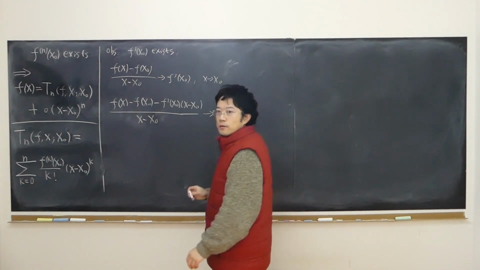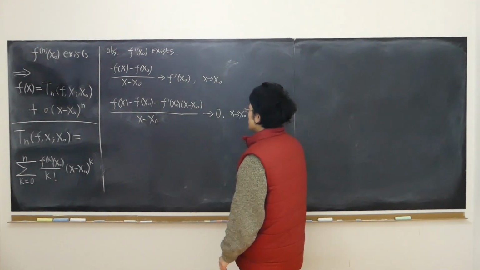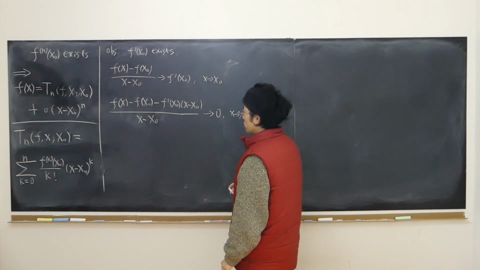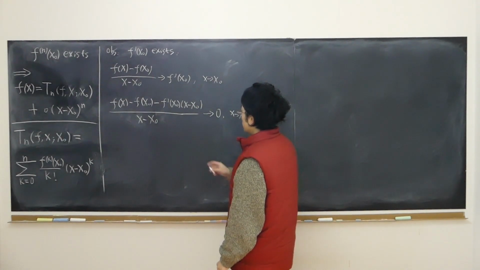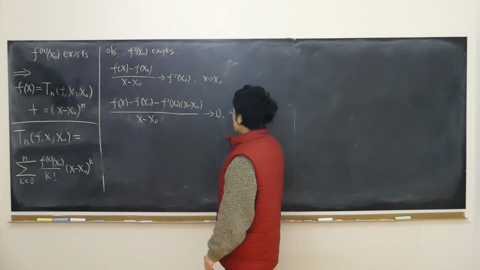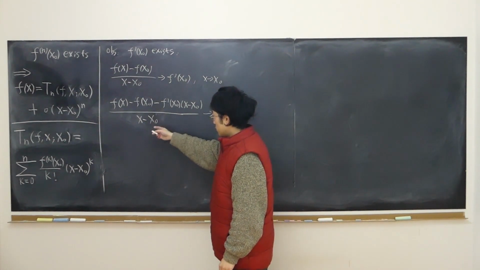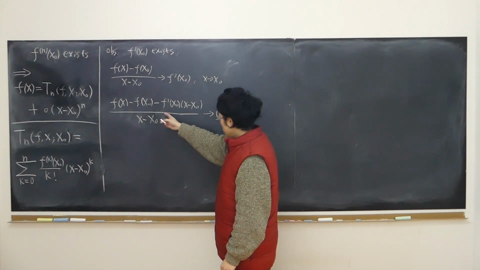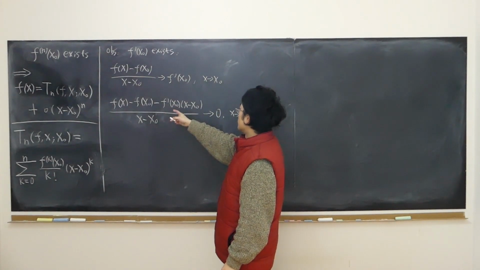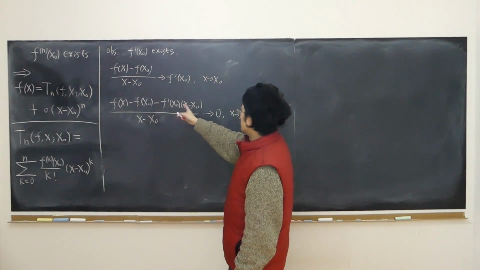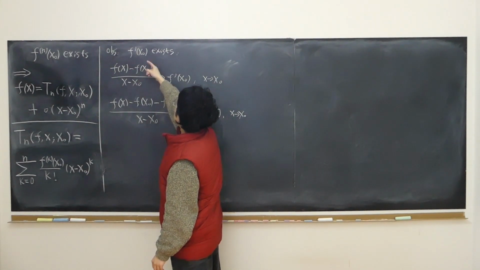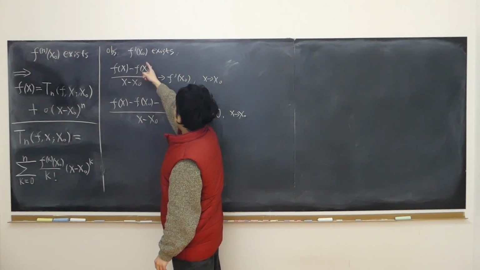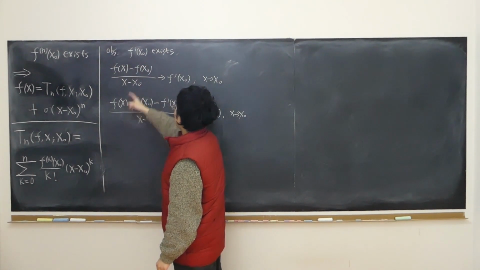So this is what we observed. Remember the meaning of little omicron. Let's observe the denominator as x approaches x naught. This denominator already approaches 0. So how about the numerator as x approaches x naught? Because the first order derivative exists, this function must be continuous at x naught.